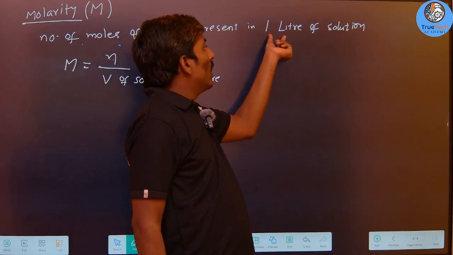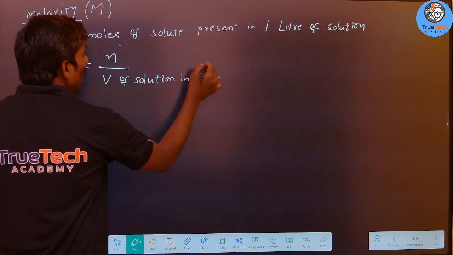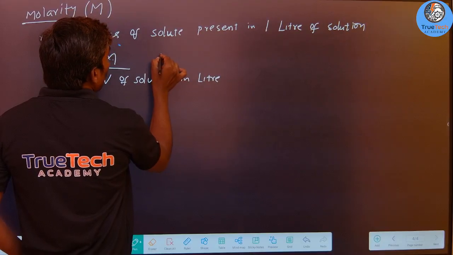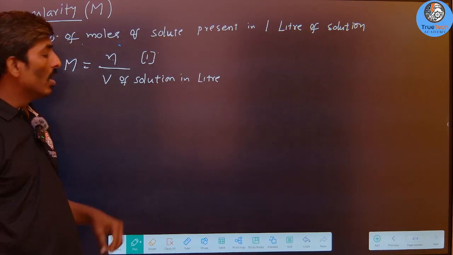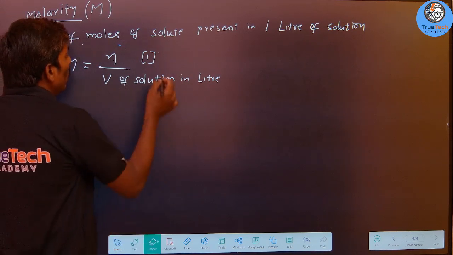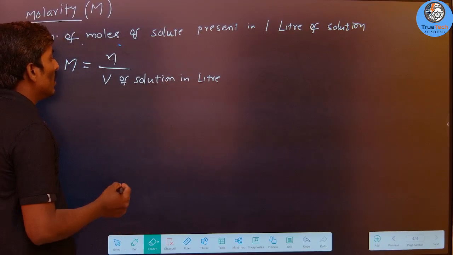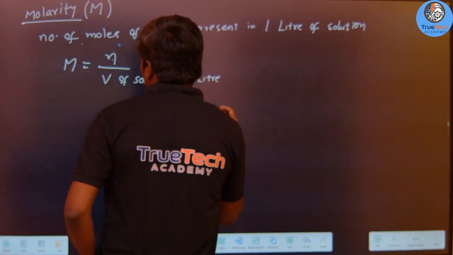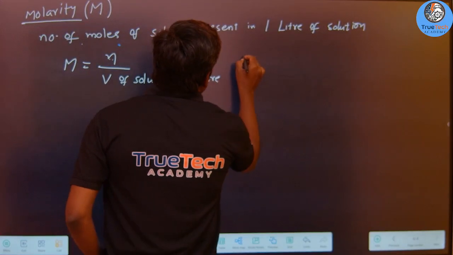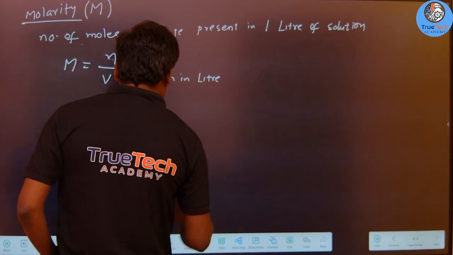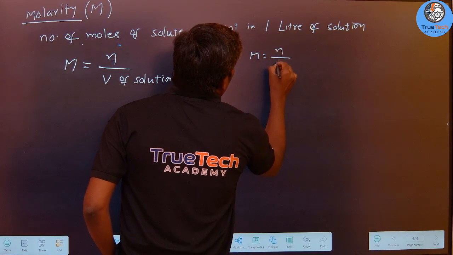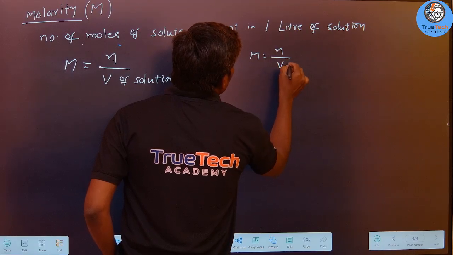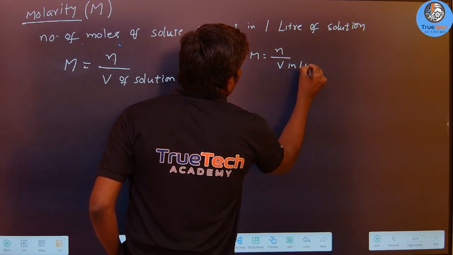So our interest is what? 1 liter. So 1 liter means simply multiplying with 1, so no need to write it separately. Please all of you remember: simply, molarity means M equals N by V in liters.